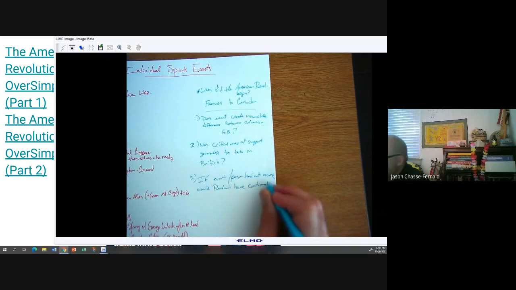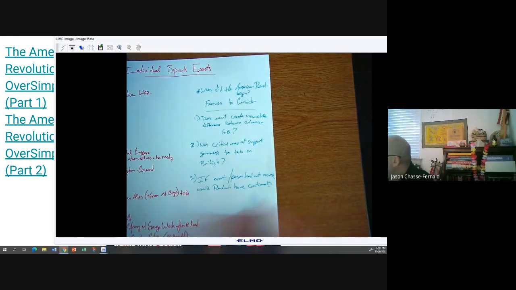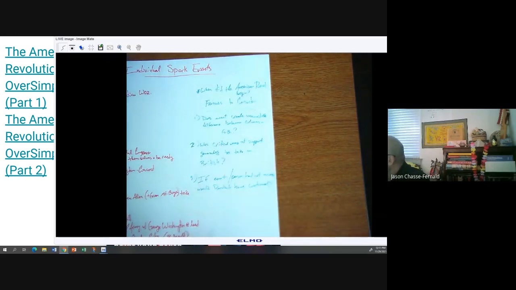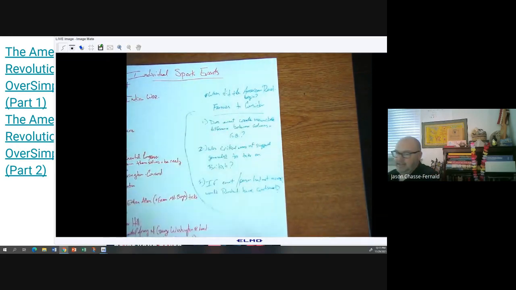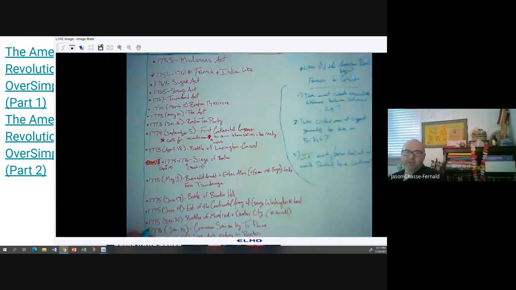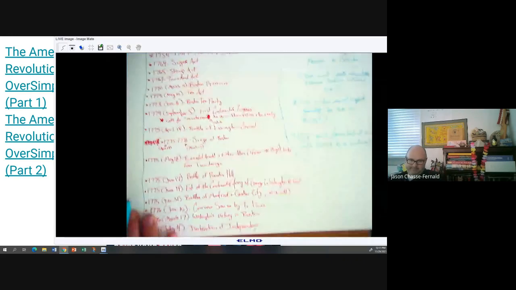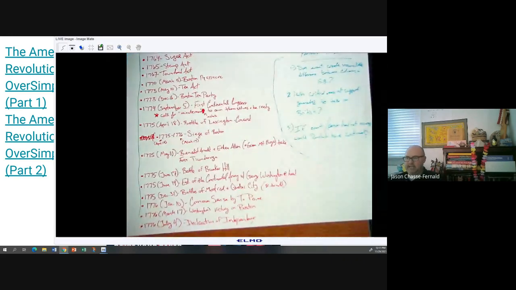Right? Would things continue to have progressed? All right. So with these questions in mind, when does the American Revolution actually begin? Right? When does the revolution actually begin?